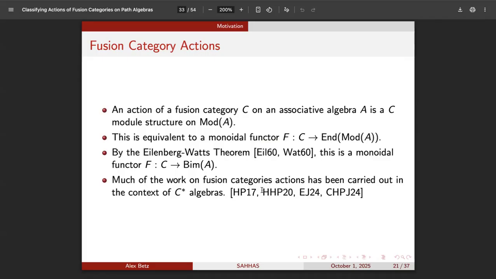My advisor and a lot of his collaborators work on this problem from a C star algebra perspective, where they do this to prove theorems in operator algebra theory. I don't know a ton of operator algebra theory, so I just delete the C star part, and I think this is a reasonable and interesting question to ask algebraically: do fusion category actions generalize group actions, and how can I act fusion categories on algebras? For me, algebras are inherently interesting because they appear everywhere in mathematics.